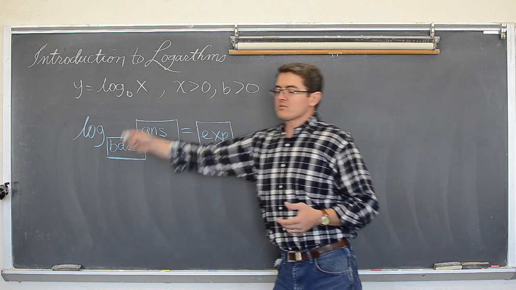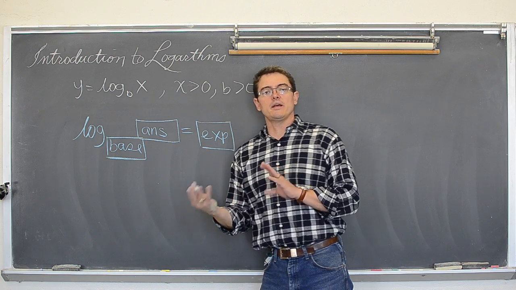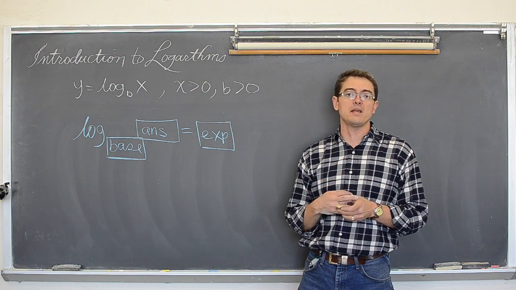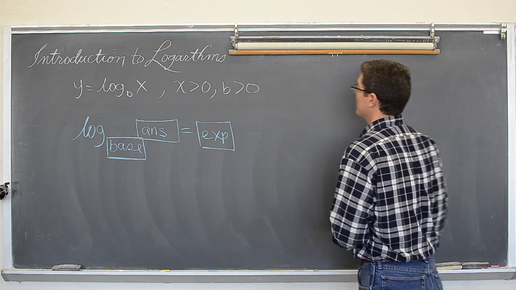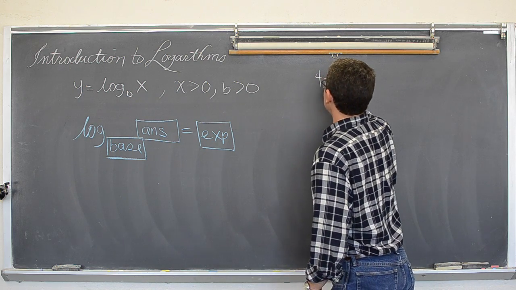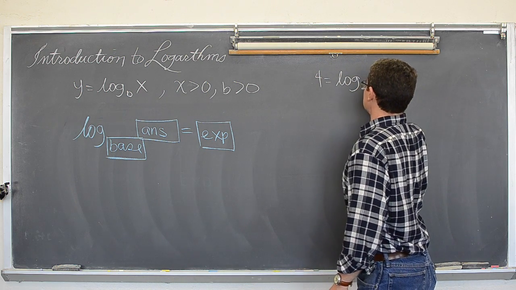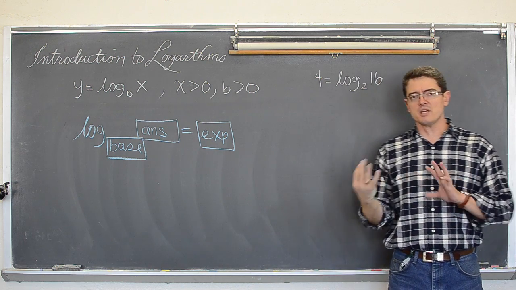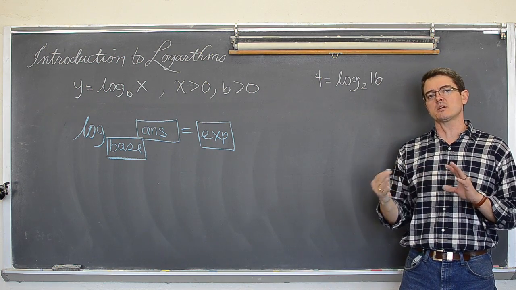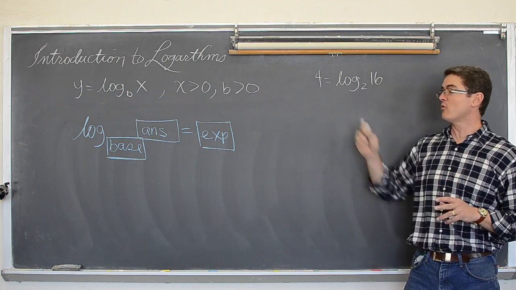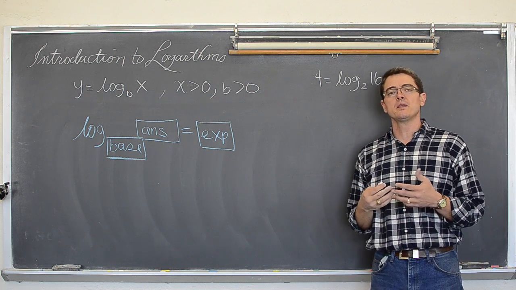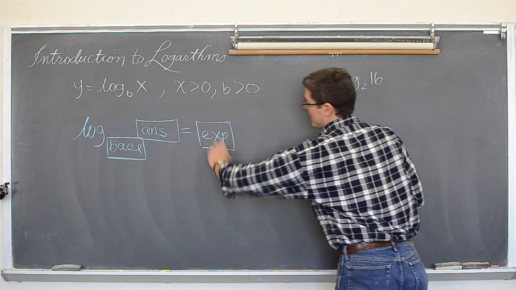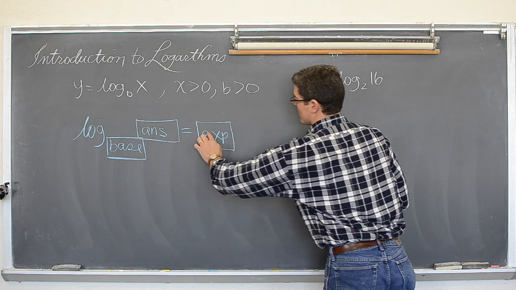Let's use this now to go back and forth between exponential form and log form and see if we can evaluate some basic log expressions. So we're going to take 4 equals the log base 2 of 16, which is a true statement, and just convert it. This is in log form. When we go to exponential form, it's base, answer, and exponent.